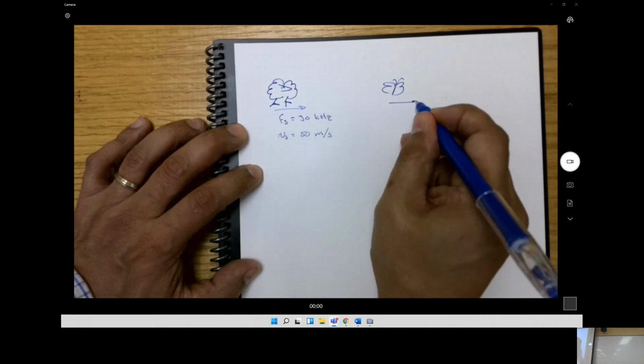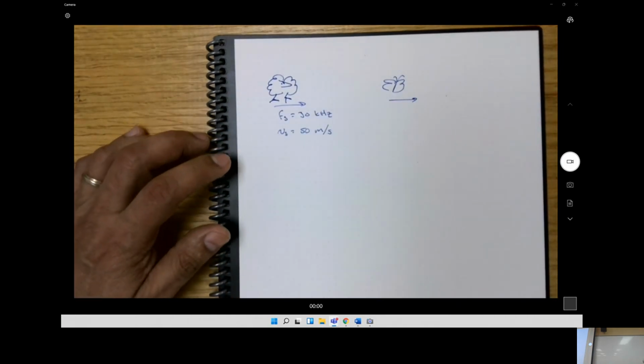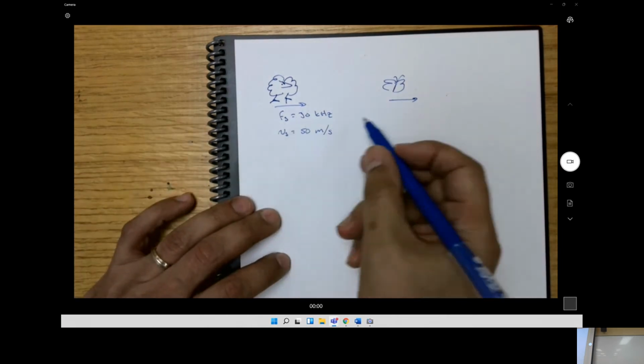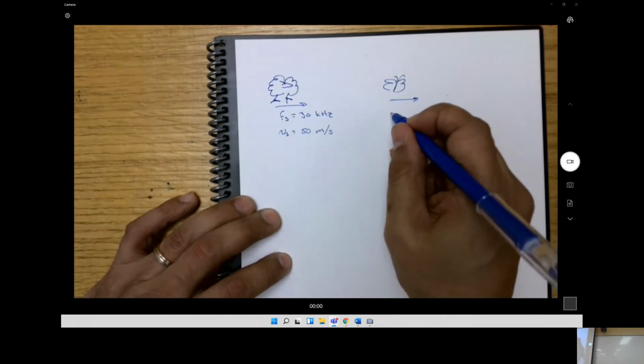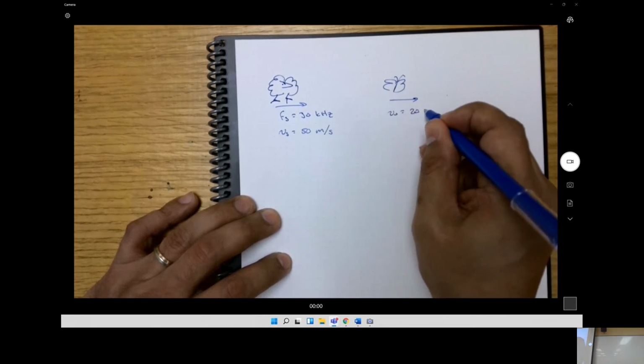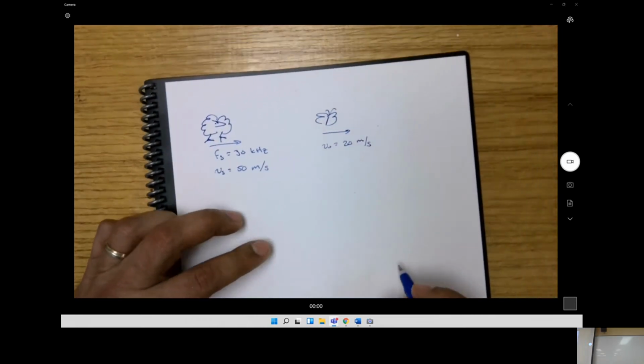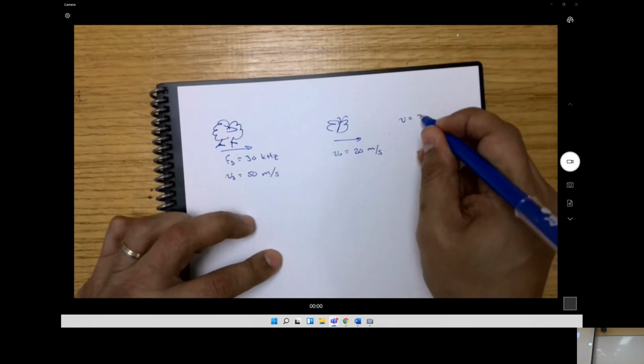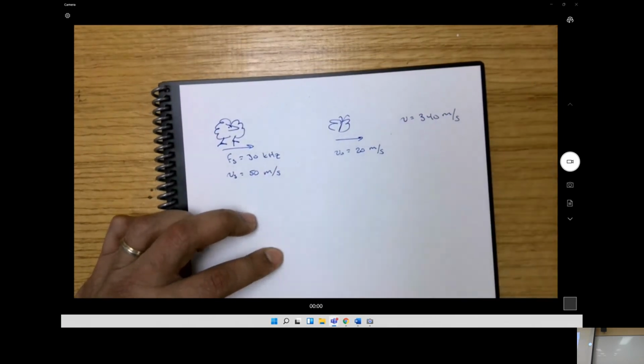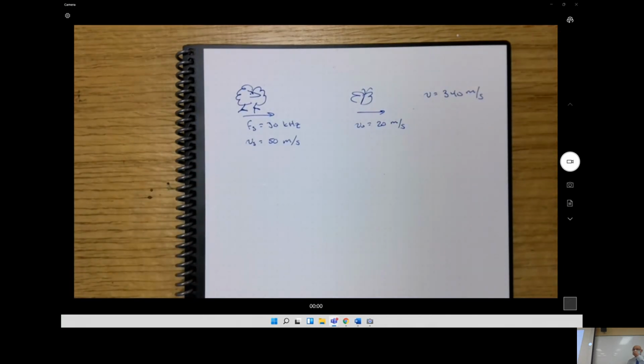And there's a chase here. The moth is traveling at 20 meters per second. And this is air, and I'm gonna say that the velocity of sound in air is 340 meters per second. Okay, so first thing I'm gonna do is try to calculate what is the frequency that the moth is perceiving.